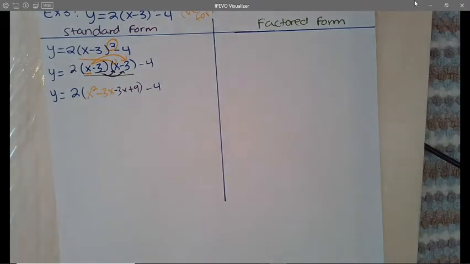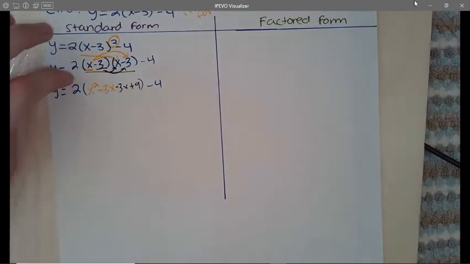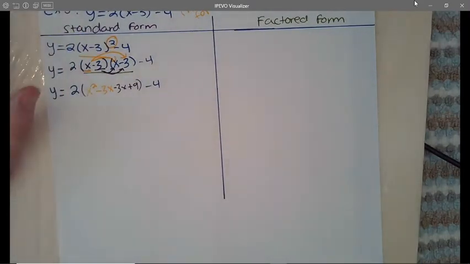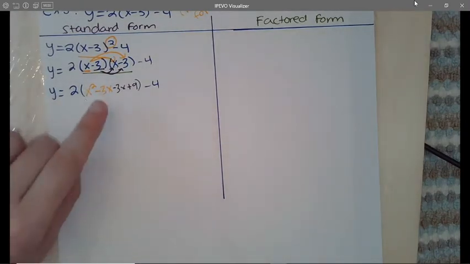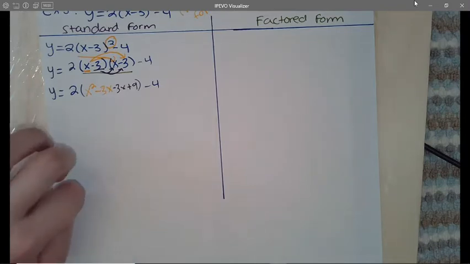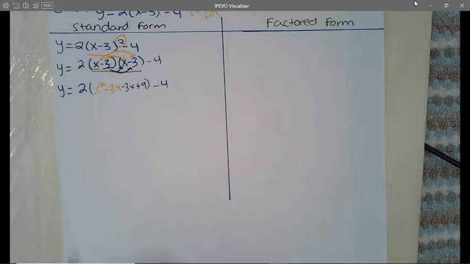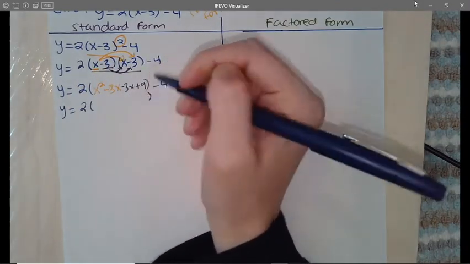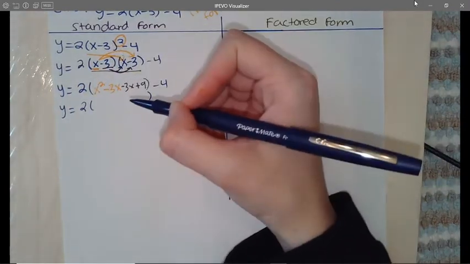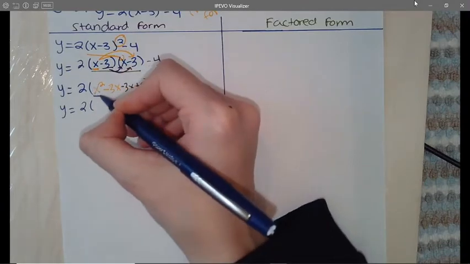Now, technically you guys can go ahead and distribute the 2. In my opinion, I like to simplify whatever's in the parentheses down because ultimately you will have less work if you do that. So I'm going to combine like terms first, then deal with the 2. Again, we must start with the term with the highest exponent, which is this x squared.